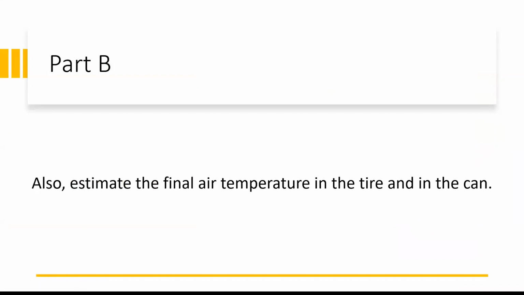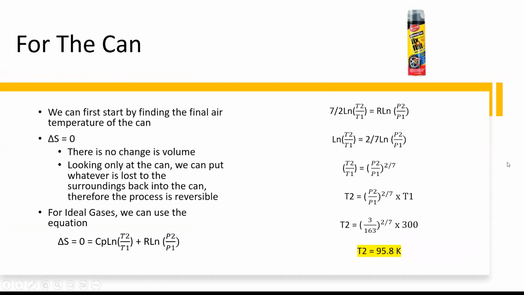For part B, we also want to estimate the final air temperature in the tire and in the can. So to do this, we can start by finding the final air temperature of the can. To do this, we set delta S equal to 0. We do this because if we're only looking at the can, we can put whatever is lost to the surroundings back into the can. Therefore, this process is reversible, so delta S is equal to 0.